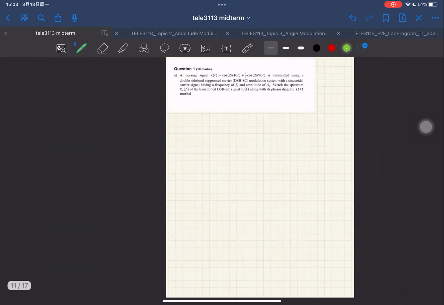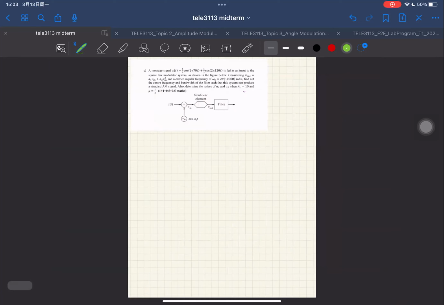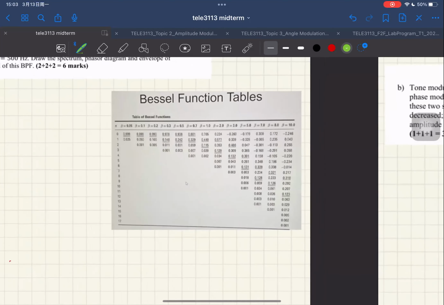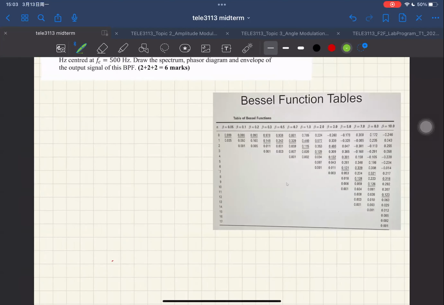If you look at the table, when the order goes to around 17, it almost goes to 0, like 0.001, 0.001, 0.001.